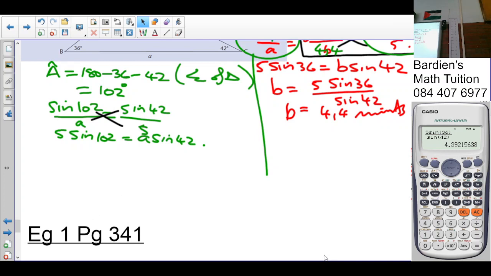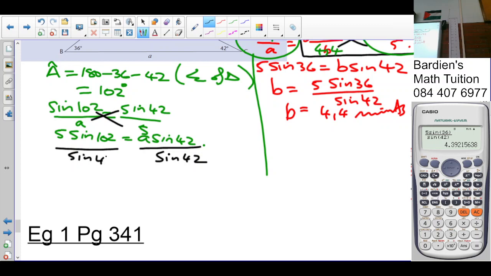So what do I do now? Divide by sine 42 both sides. So that cancels. So A is equal to 7.3 units.